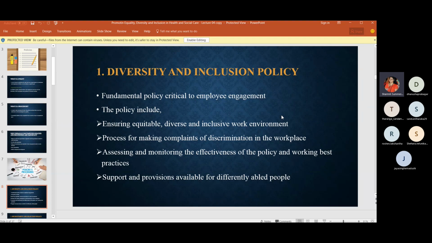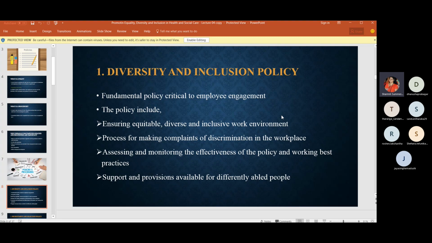Once we impose any rules and regulations, they need to be monitored and evaluated to see whether they are effective, and whether they are practiced by the particular group, community or individual. Only then can we go for further policy making. If the first imposed policy is not good and the outcome is not good, then we need to alter that policy to find a better outcome. That's why we monitor all of this.